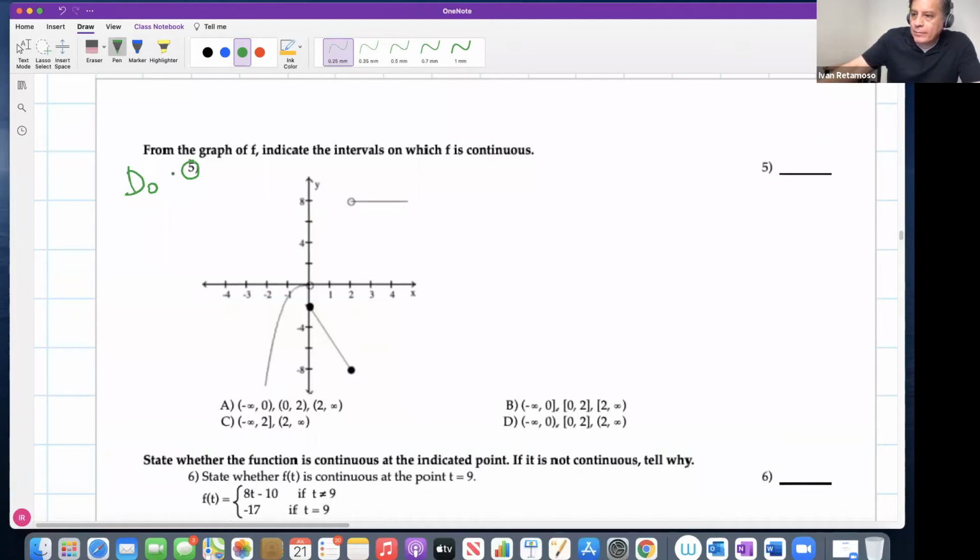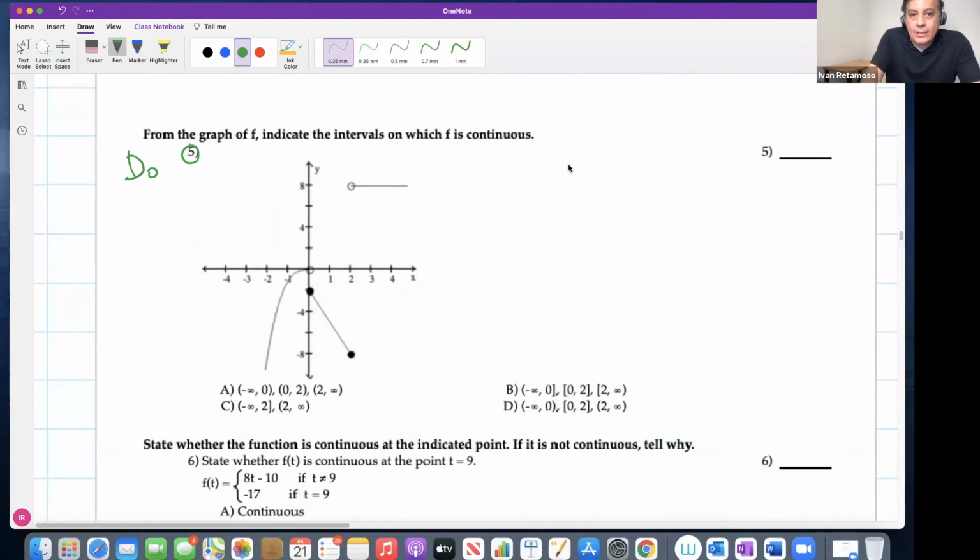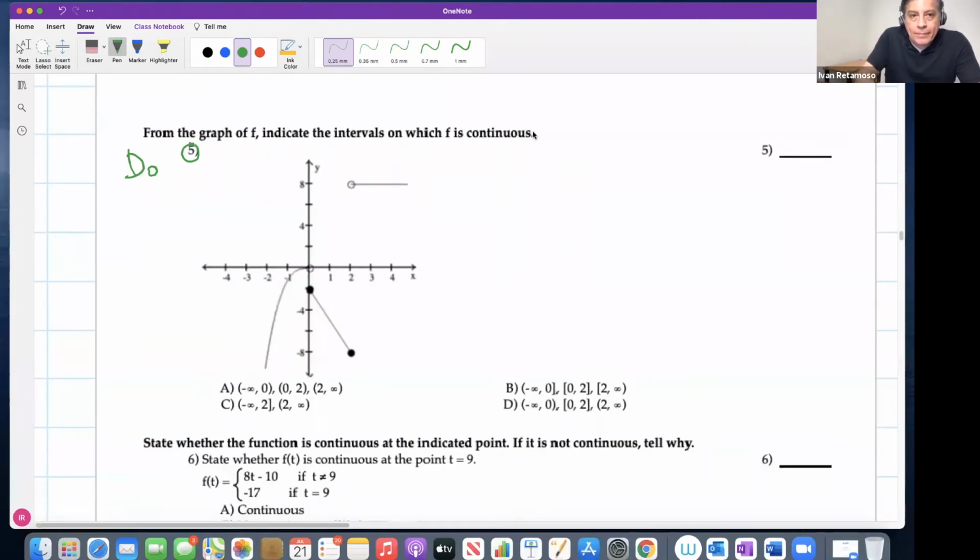Follow your intuition. Wherever you see that the function is broken, you have to say that it's not continuous. But probably we should do it together then. If you start going over the function, I think students already figured it out. CG, very good. Excellent. Let's try it together.